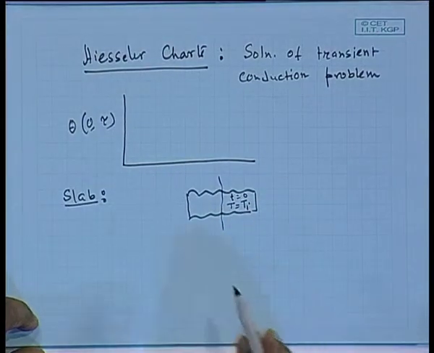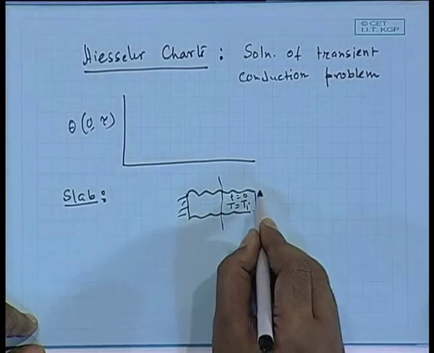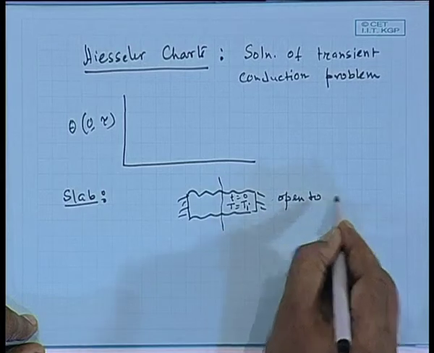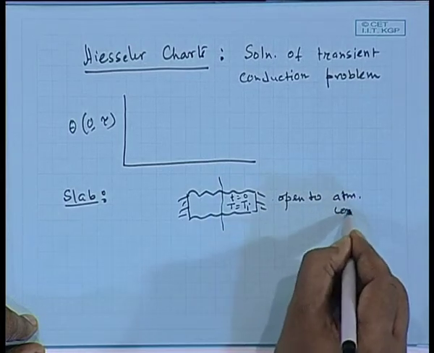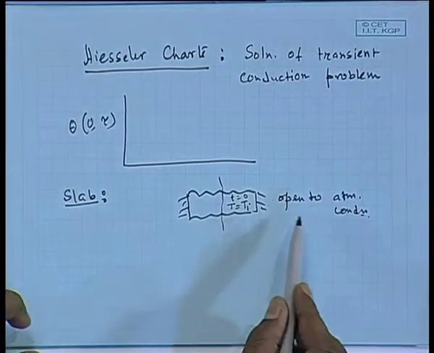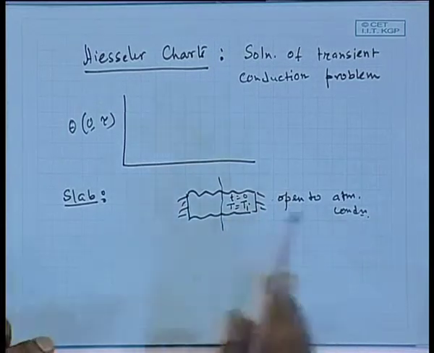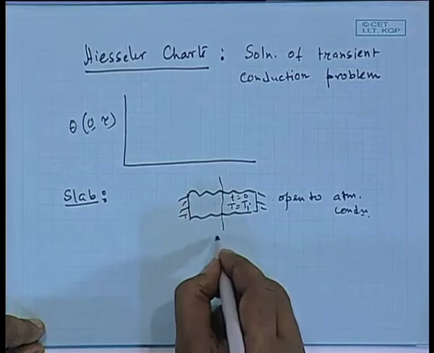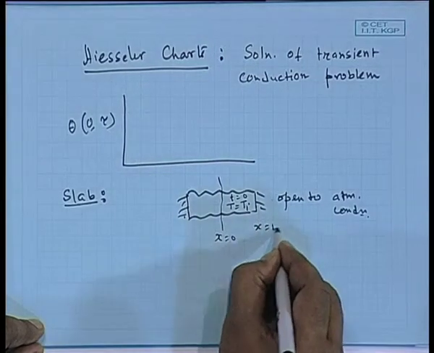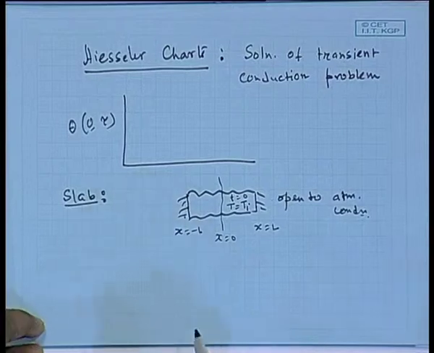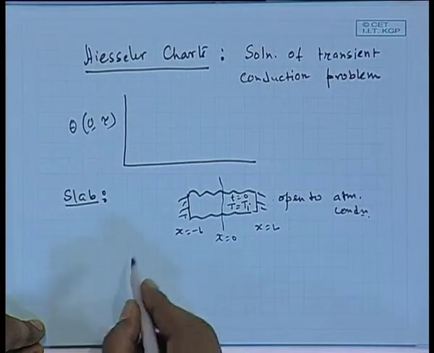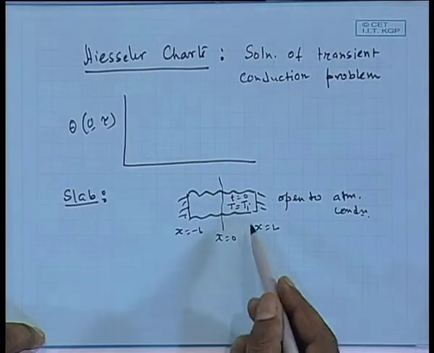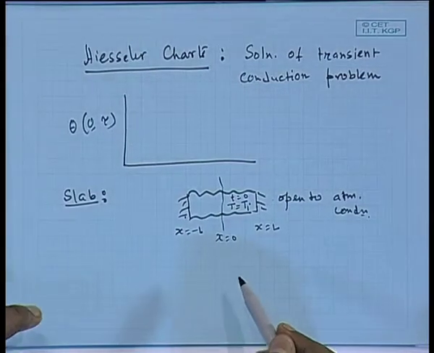At t greater than 0, these sides are open to atmospheric conditions. That means the conduction as well as the convection conditions, that is, mixed boundary conditions, prevail at these surfaces. Let us say this is x equal to 0, this is x equal to L, and this is x equal to minus L. Our aim is to find out how temperature varies as a function of time and x in the slab.